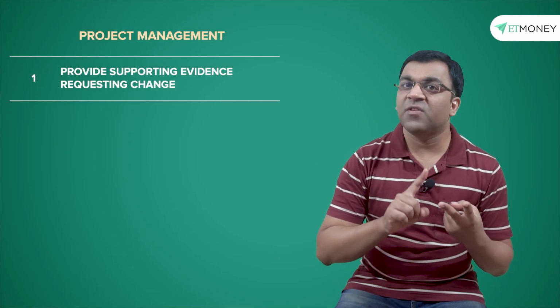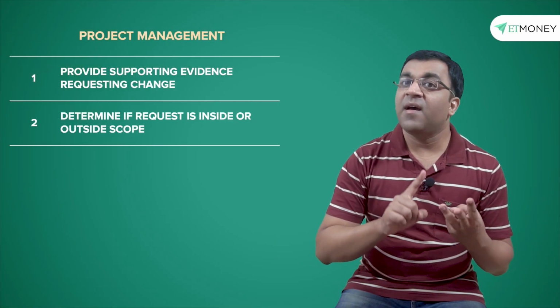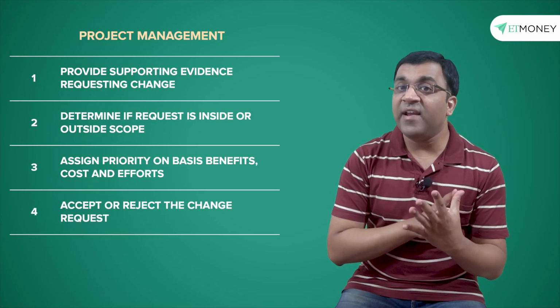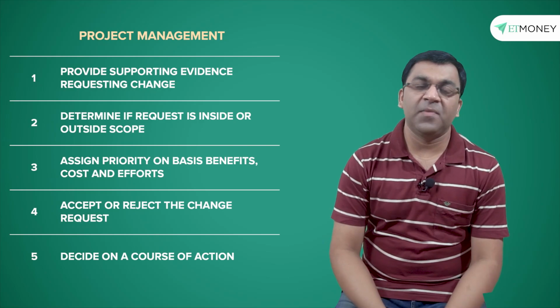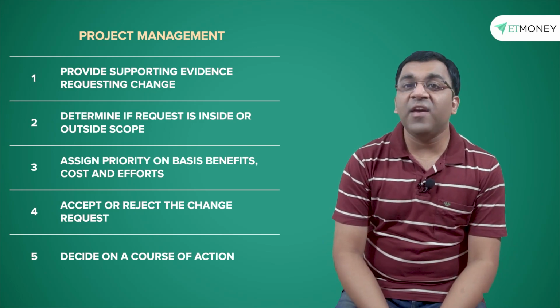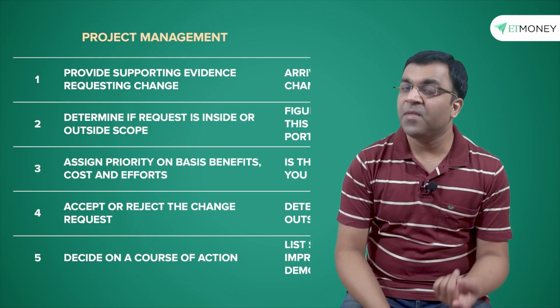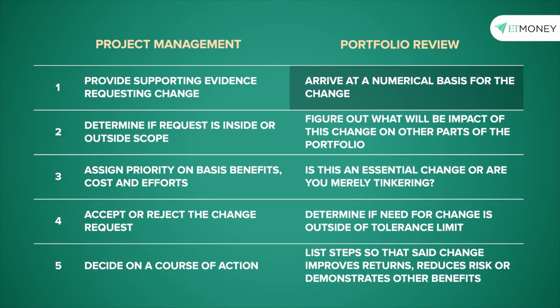For instance, in project management, a change request process typically follows 5 steps and includes the gathering of support materials, the scoping of the change request, assigning a priority, making a go, no-go assessment, and finally deciding on the course of action. The same 5 steps would go very well with making portfolio changes, which in our case would be: step 1 is where we shall arrive at a numerical basis for the change.